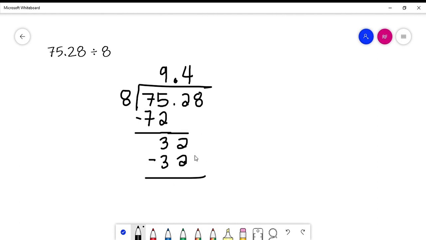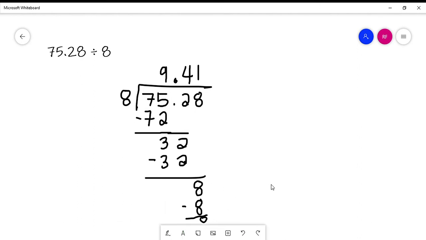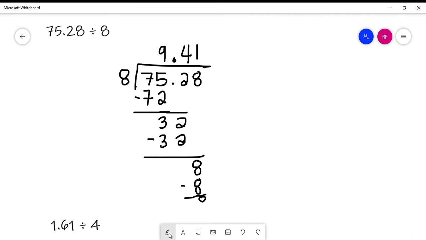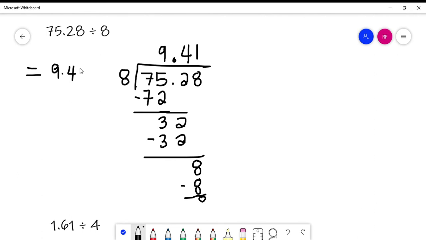Then bring down the next digit, 8. So 8 divided by 8 is 1. And 1 times 8 is 8. Subtract. So the answer is 0. Okay, so the answer for this is 9.41.